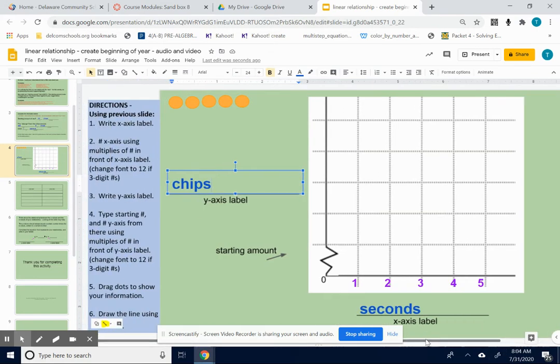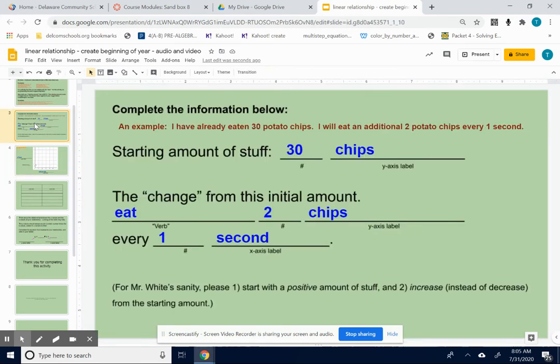Then after you type that, for step 4, type the starting number, and I'll do both of these things at the same time. Type the starting number and then number the y-axis from that number using multiples of the number in front of the y-axis label. That may sound confusing. I'll try to make this more clear.